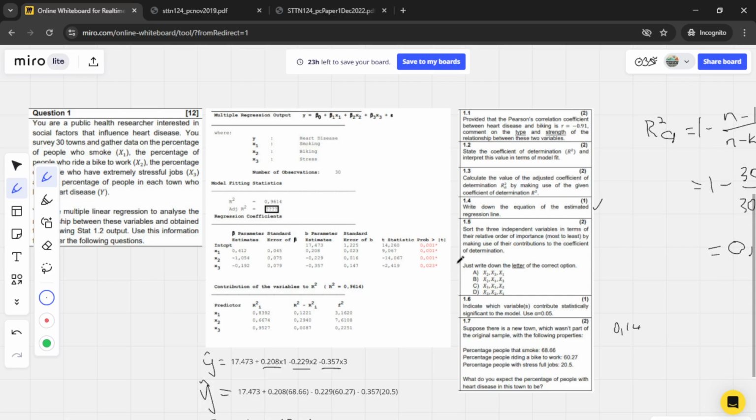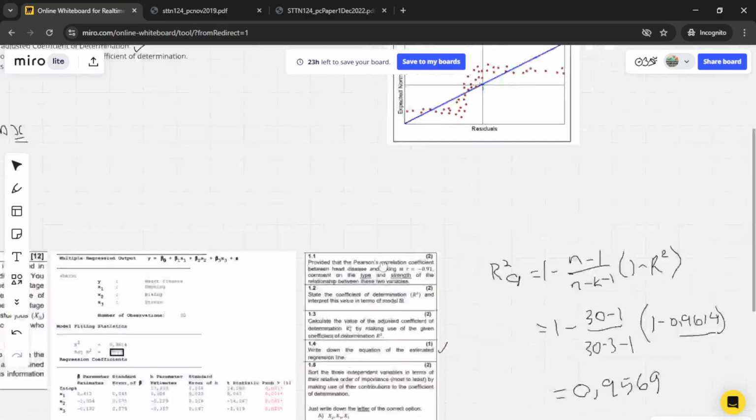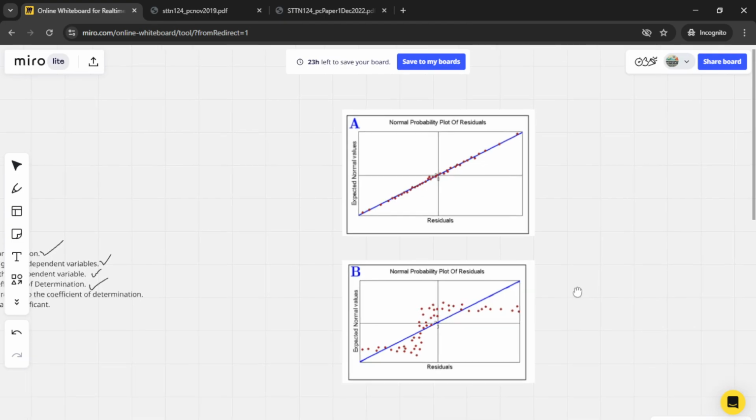All right. So the last but not least thing that they will ask you is based on the theory question of the assumption of normality, and that is based on the normal probability plot of residuals. They'll ask this question in the form of these 2 graphs. In this graph, all the points are aligned on this line.